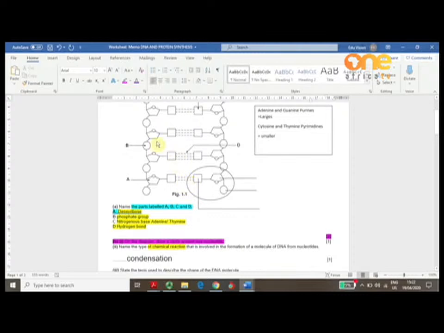If we have circled that one, we would have, say, the nitrogenous base is either guanine or cytosine due to the 3 hydrogen bonds there.